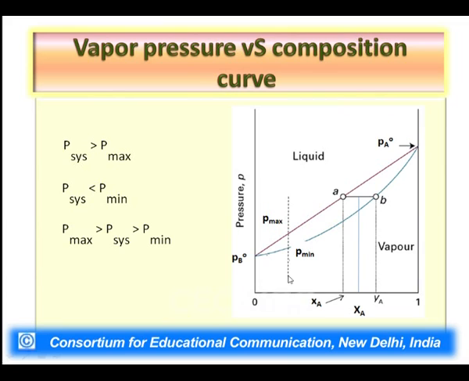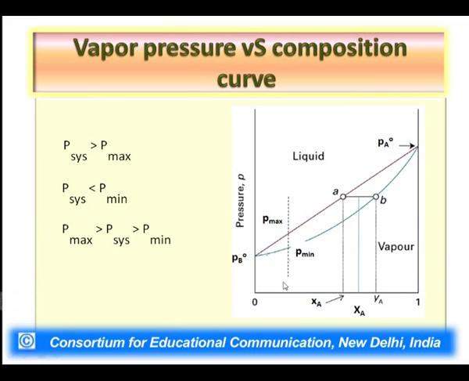If this point represents the overall state of the system, it means there is only vapor phase in the system, because where the pointer is pointing at this point of time is a point which lies below the vaporous curve. So therefore there is only vapor phase.